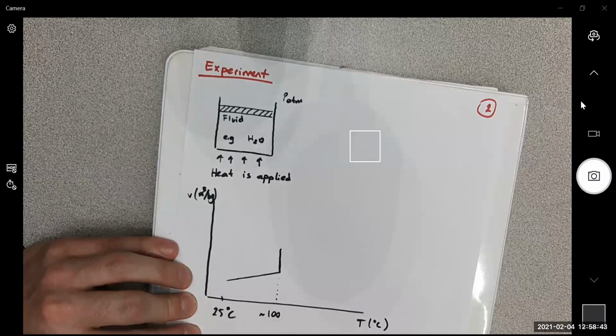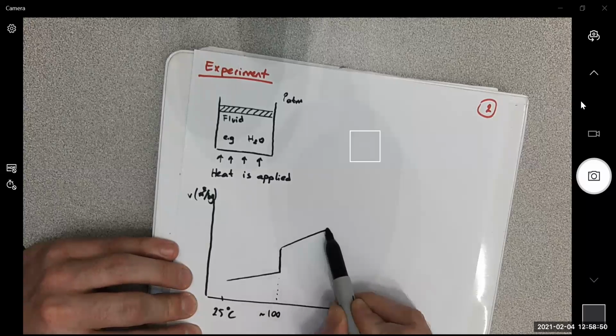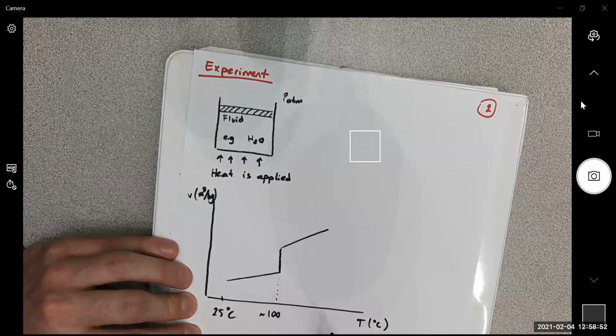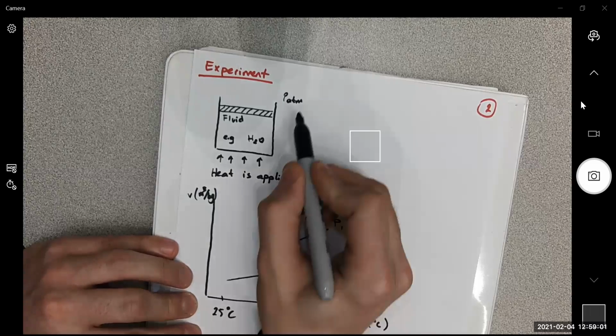Okay, I get into another region, and in that region, temperature keeps increasing. All right, and this is at pressure 1.